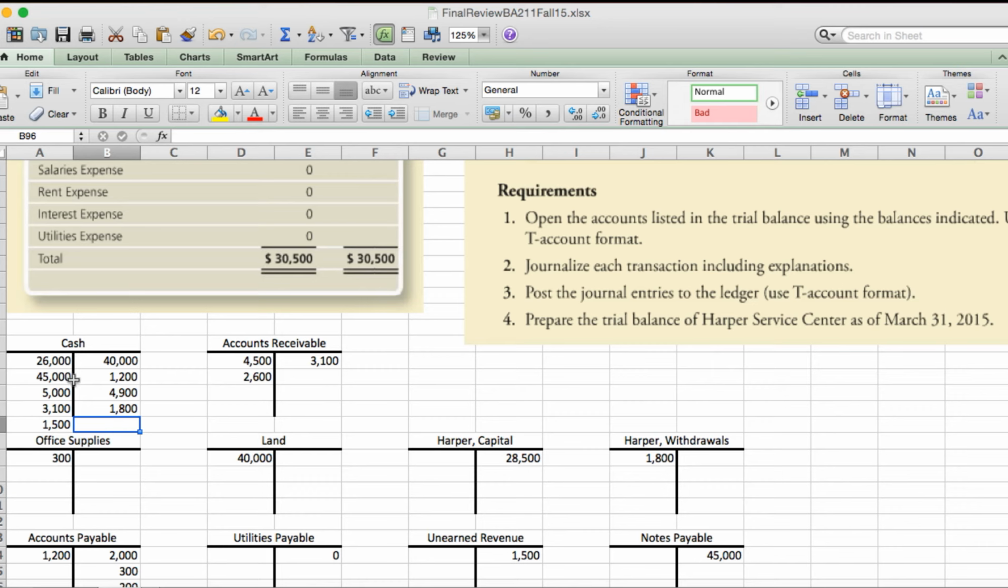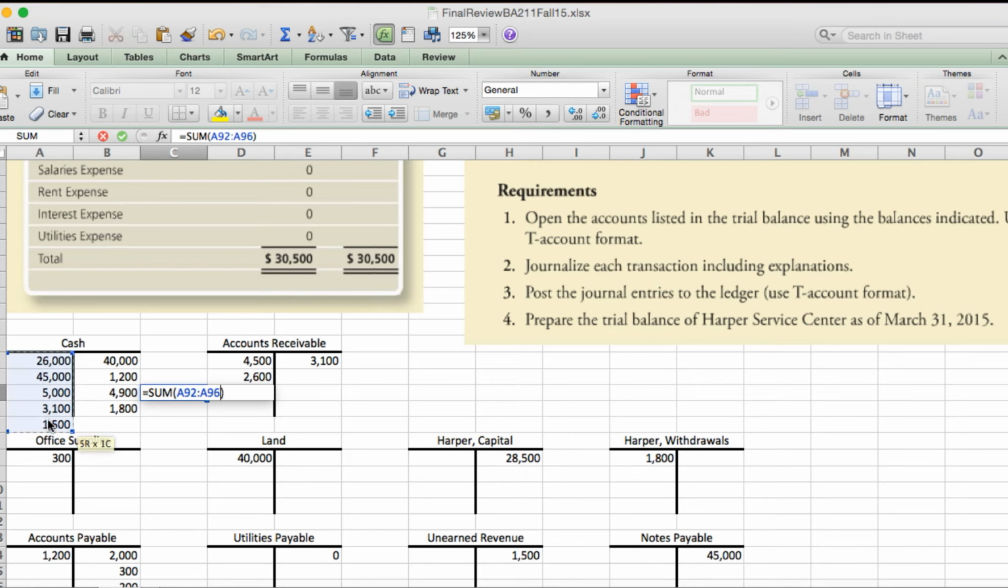Okay, so let's see here. I don't have a lot of room in the cash account, but clean it up a little bit here. I'm adding up everything on the debit side, and then I'm adding up everything on the credit side. And then here I'm just subtracting the credits from the debits.